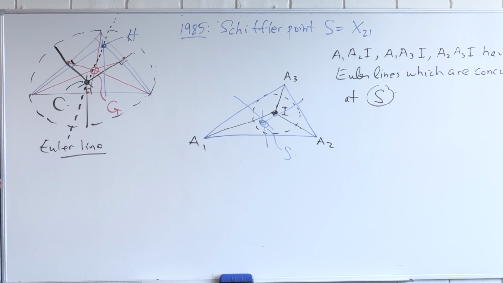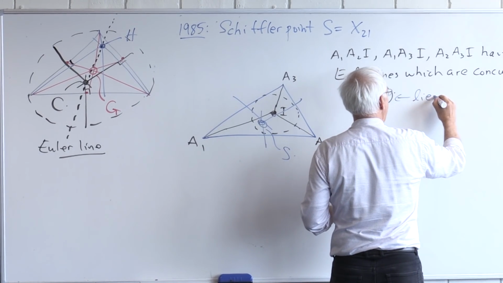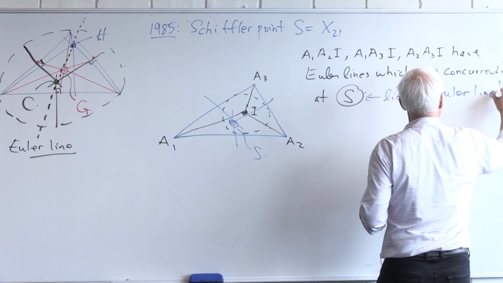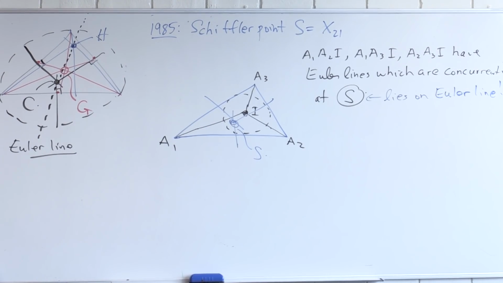Yeah, so then there's a kind of degeneracy and there's no well-defined Euler line. And moreover, the Schiffler point lies on the Euler line. Okay, that's great.